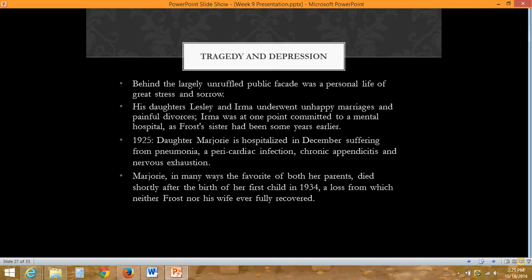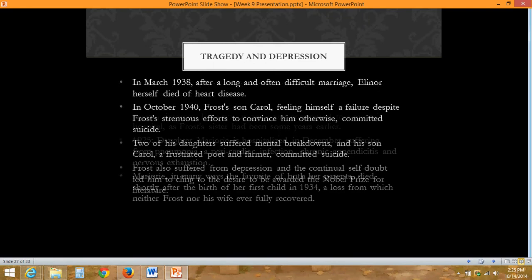Irma was at one point committed to a mental hospital, as Frost's sister had been years before, and then their daughter Marjorie was hospitalized in December from suffering from several different diseases, and she died shortly after the birth of her first child in 1934. So this is a very dear loss. She was a favorite of her parents, so it was very difficult to overcome that loss.